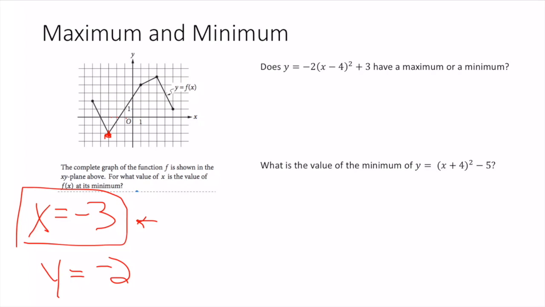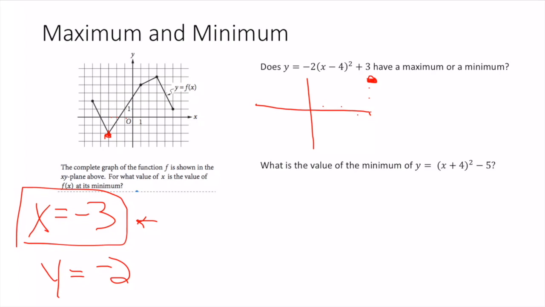Does y equals -2(x - 4)^2 + 3 have a maximum or a minimum? We have to go back to what we know about quadratics. This is in vertex form. My vertex is at (4, 3), so 1, 2, 3, 4, somewhere here.